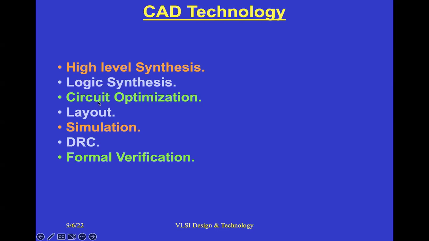So logical synthesis gives me circuit optimization. It tells me where is the junction that needs to be concentrated on, all that, with the help of software. Then for layout, we are doing simulation, design rule checks, formal verifications. So this is why we are developing software to actually help us in getting things worked out fast.